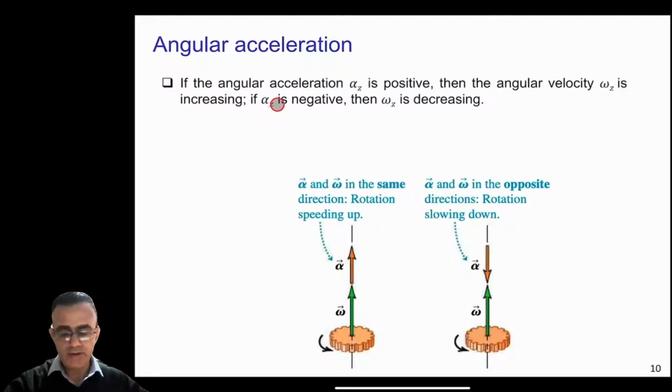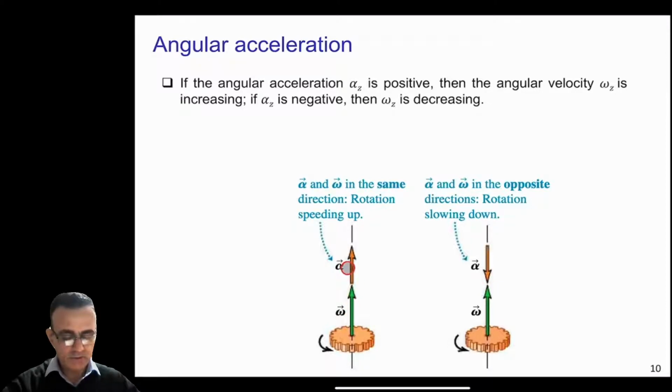Okay, now angular acceleration again can be positive or negative. If the angular acceleration is positive, then the angular velocity is increasing. And if angular acceleration is negative, then omega z is decreasing. As you can see in this figure here, in this case the body is rotating counterclockwise, so the angular velocity is in this direction according to the right hand rule.